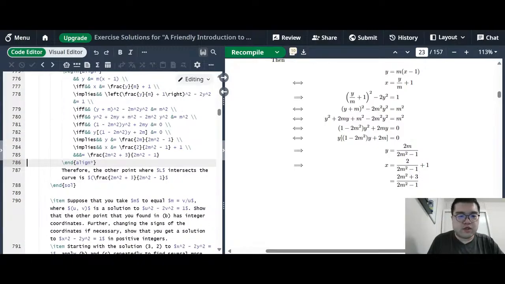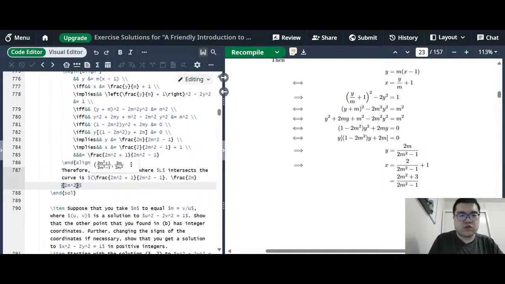It should be a plus 1. Did anyone notice why? I'll leave it as a question down below for you to figure out. And for the y value, we have 2m over the quantity 2m squared minus 1.